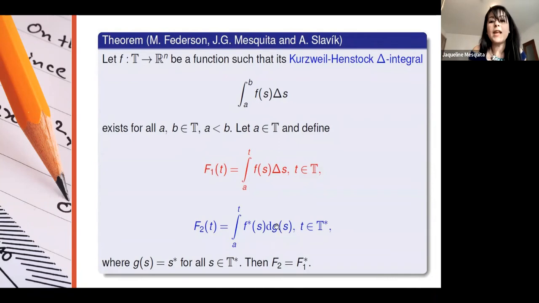If we define our g as the s star operator, then F2 will be equal to F1 star. So we have this relation between the Stieltjes integrals and delta integrals. Of course, here we take the more general sense, the Kurzweil-Henstock integrals, but we can also have this relation in other senses of integrals, such as Lebesgue or Riemann integrals.